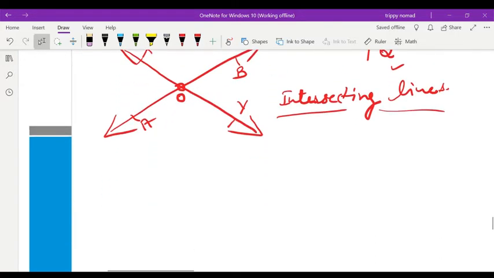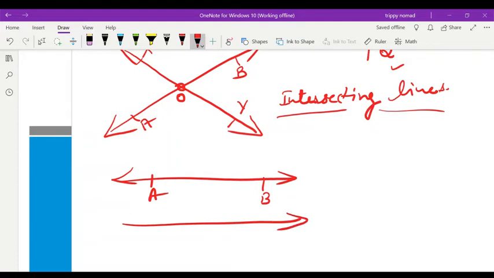Now what are parallel lines? There are two lines, this is AB and this one PQ. If these two lines are not going to meet at any point, even if you extend in either direction, either A or B, P or Q, the distance between these two will remain the same.